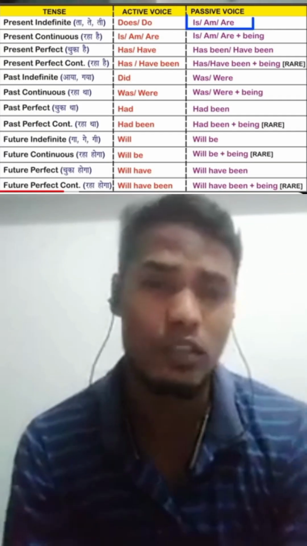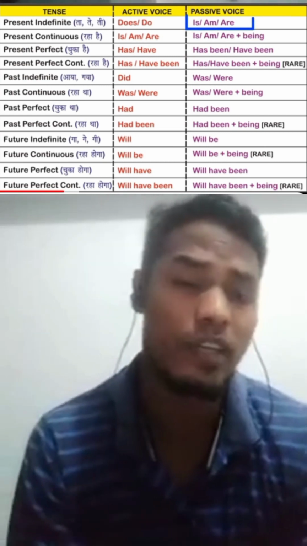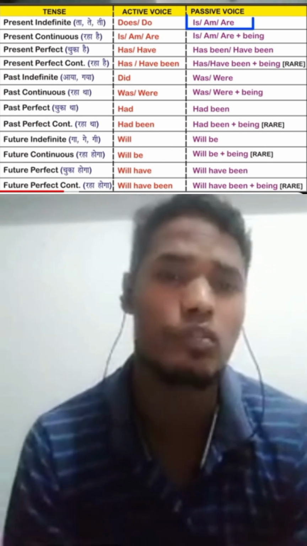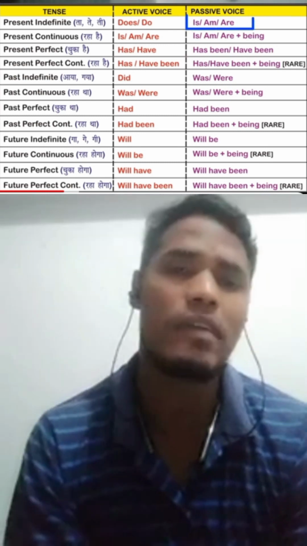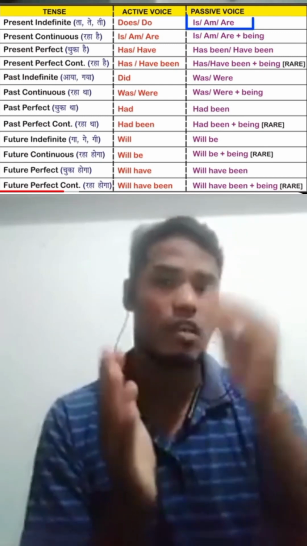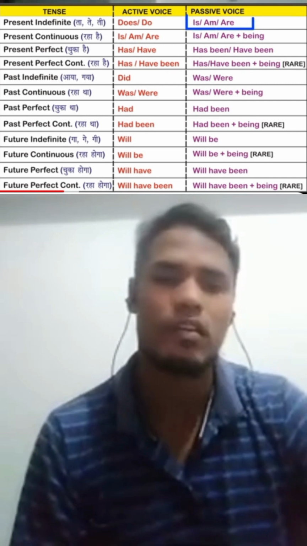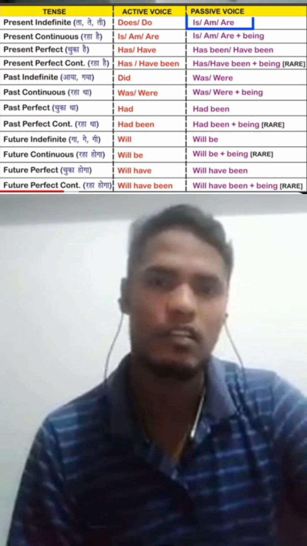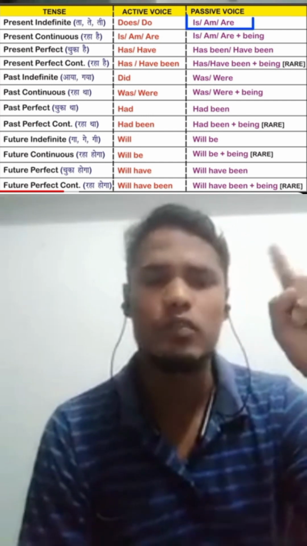When we use the present indefinite, we use do and does, and when we change into passive voice, we use is, am, are. In present continuous, we use am, is, are, and in passive voice we also use am, is, are plus being. Then present perfect, what do we use?